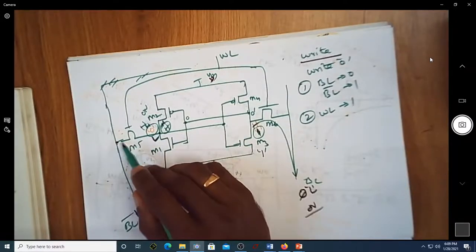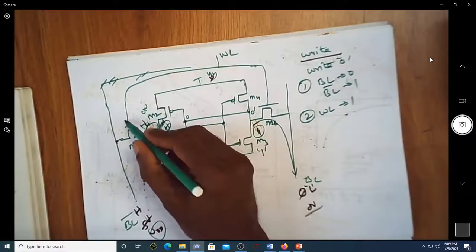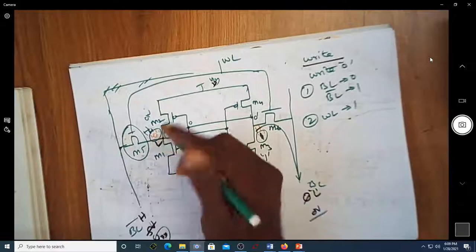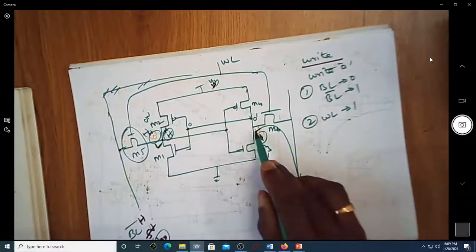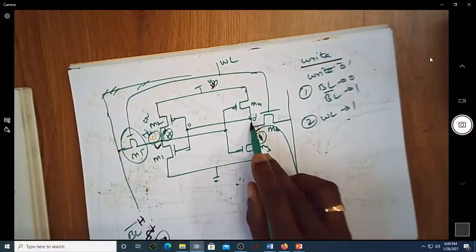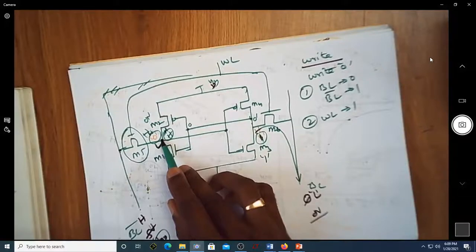What I mean to say is the write operation will not be performed by this M5 transistor, because there are two possibilities. This high can discharge to 0, and then this 0 will make this transistor on, and this can go to high. You can see the low that was there can become high.